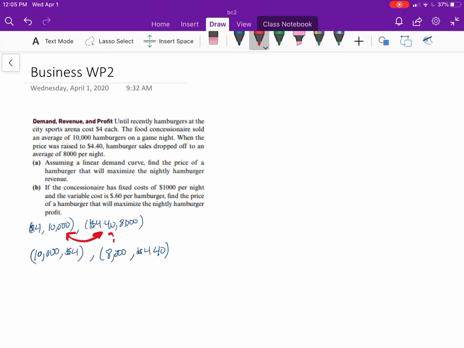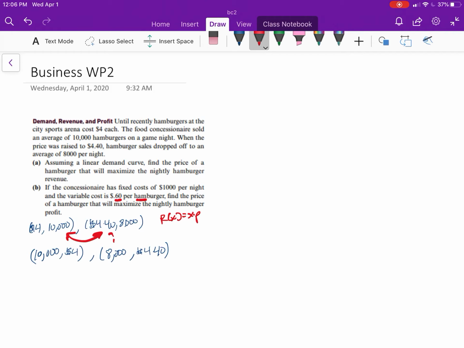In part B, the variable cost is 60 cents per hamburger. So that tells me that revenue is X times P, so the X should be the number of sales here.